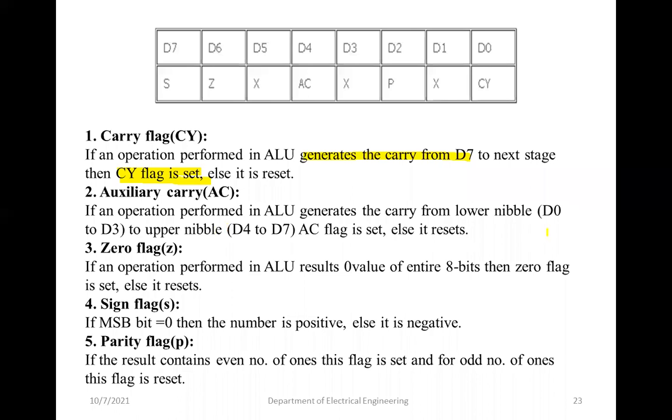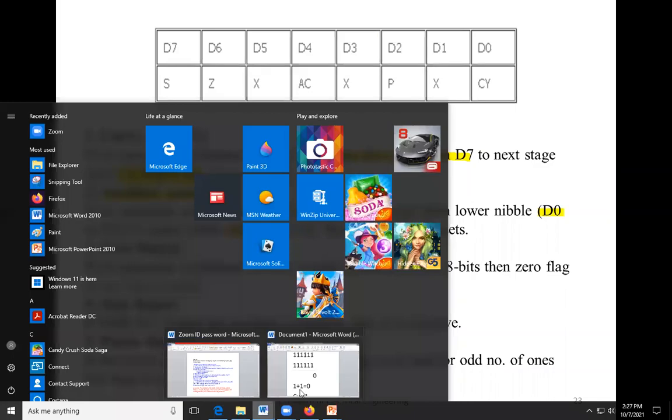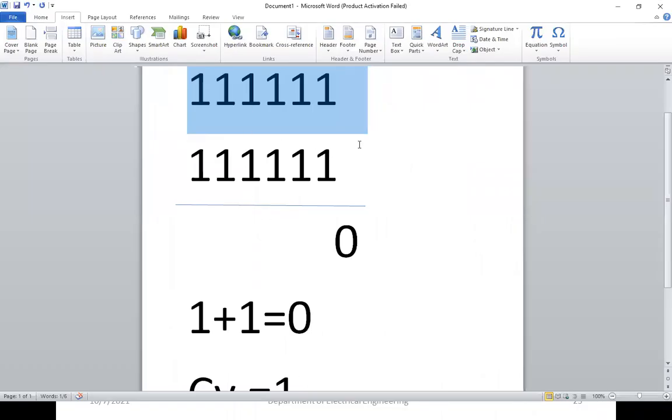Auxiliary carry means what? The lower nibble is D0 to D3 and the upper nibble is D4 to D7. When the lower nibble generates a carry into the upper nibble, then the auxiliary carry will be generated. In our example, this D0, D1, D2 and D3, if you add these two numbers, 1 plus 1 is 0 and it carries a 1.